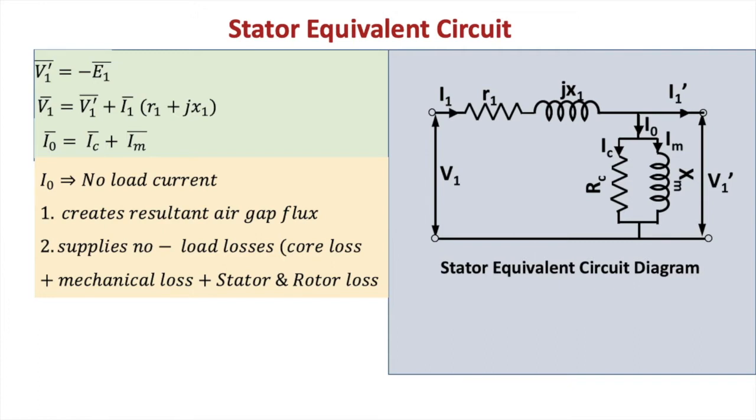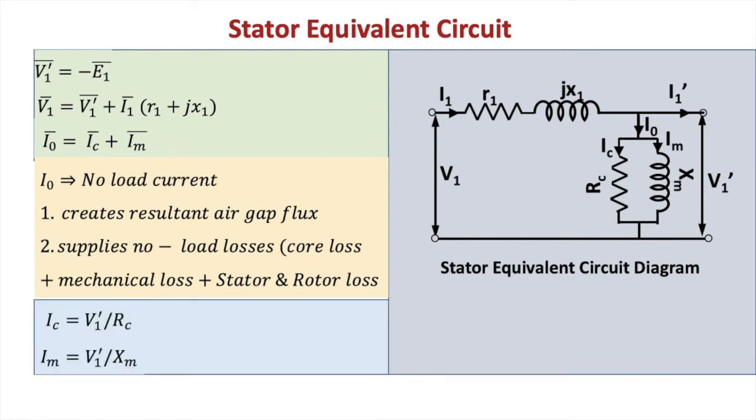The no load losses include the core loss, the mechanical losses, that is friction and windage losses, and the stator and rotor copper loss. As we know, the no load current consists of the core loss component current and the magnetizing current. The core loss component current is V1 dash divided by the core loss resistance RC, and the magnetizing current is V1 dash divided by the magnetizing reactance XM.